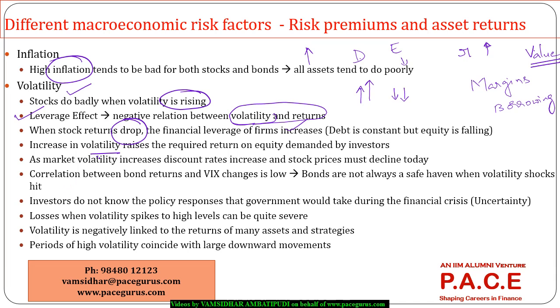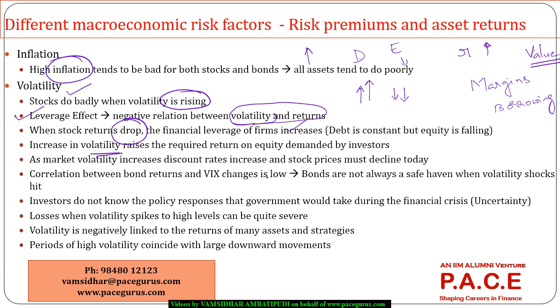So when the volatility is increasing, obviously the investors expect more returns because the overall risk is increasing. So the risk is increasing, and the equity investor starts expecting much more returns for the risk that they have taken. So the required return for the equity investors also goes up.